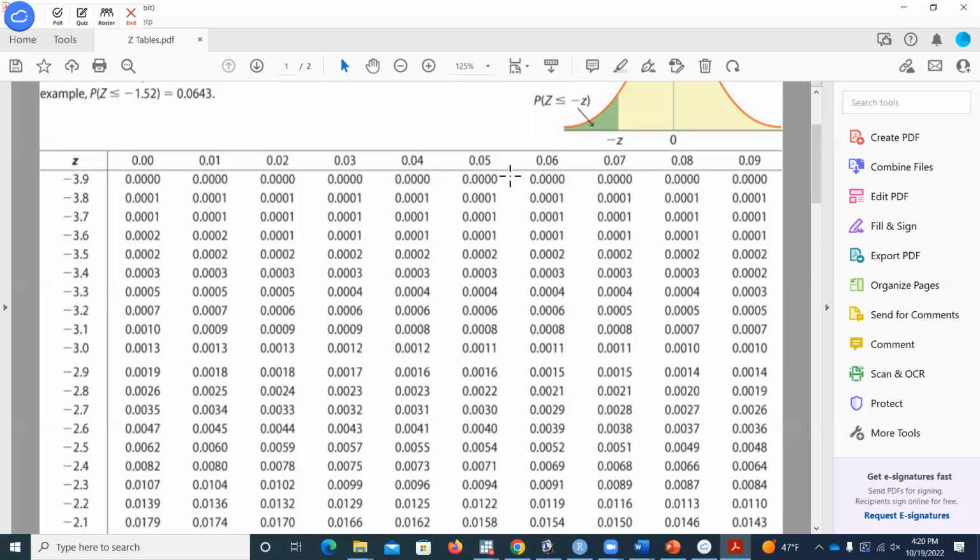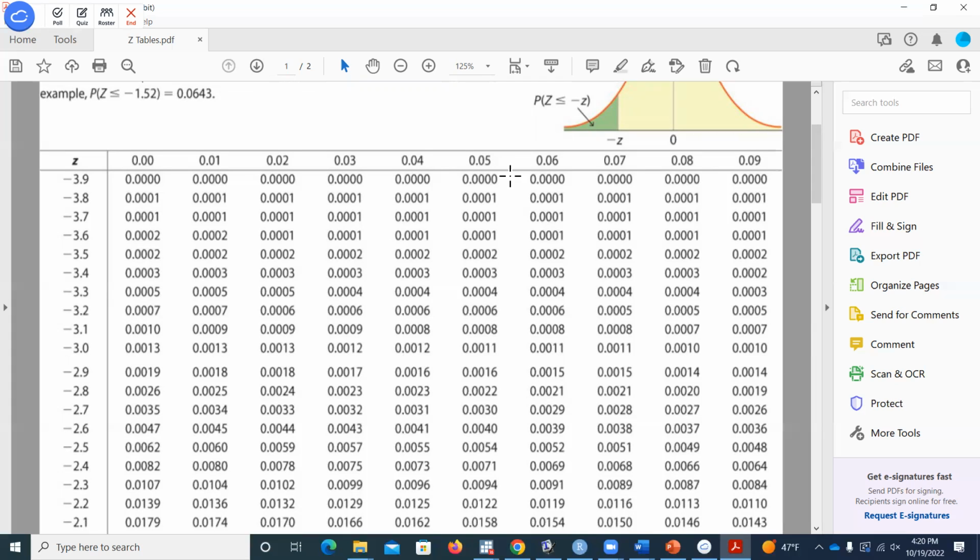We said we'll always use the greater in absolute value. So we're going to use negative 0.26 here. So the cutoff test score for this bottom 40% is going to be what? 0.26 standard deviations below the mean. So right away, I know this value should be less than 72.